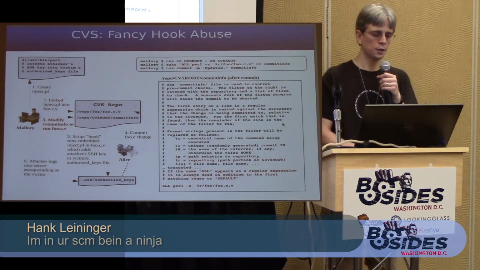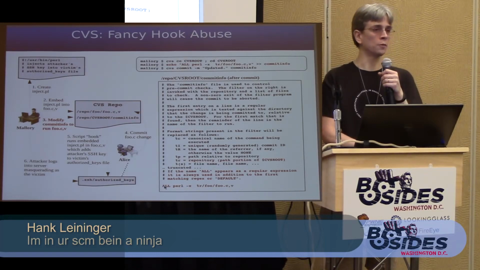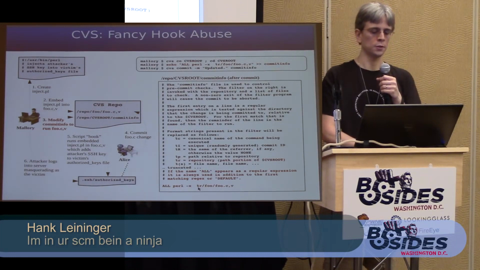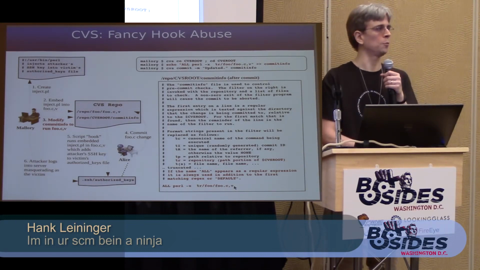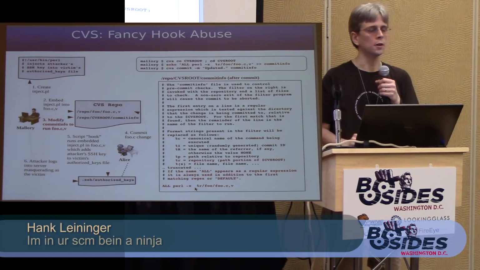Then they add a generic-looking one-liner to the log info, this is the actual hook that gets added, which is Perl -x %r foo.c,v. This is the file in which the description field has that Perl payload. And the reason that this works is that Perl -x will take that and execute that file as Perl code.